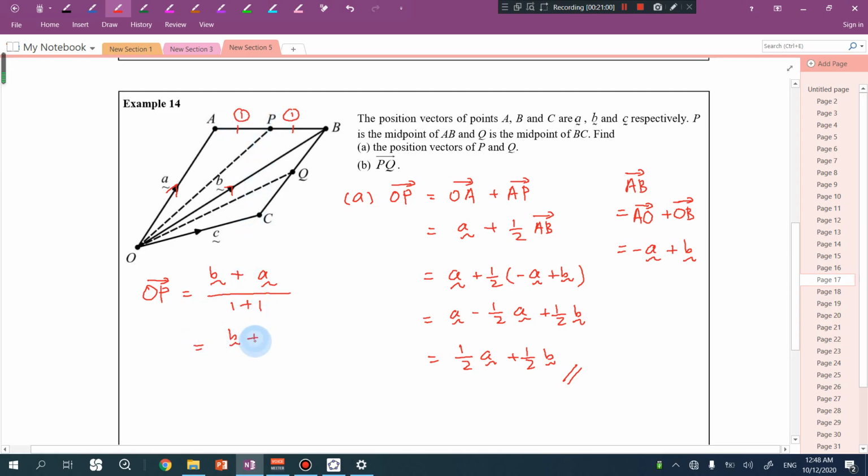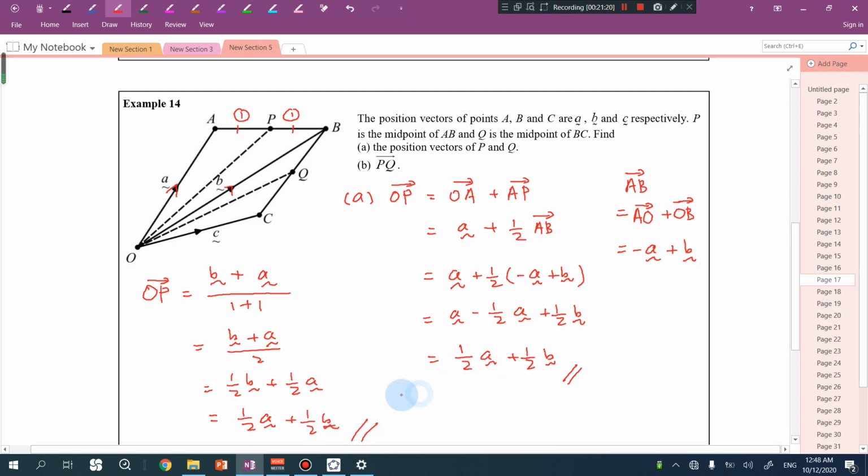So you will get (b plus a) over 2. It's the same thing, right? 1 over 2 b plus 1 over 2 a. Normally we prefer to write the a in front, but if you want to give this answer, it's also fine, no problem.